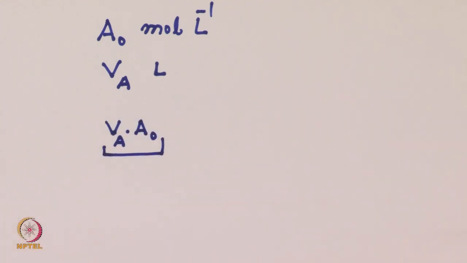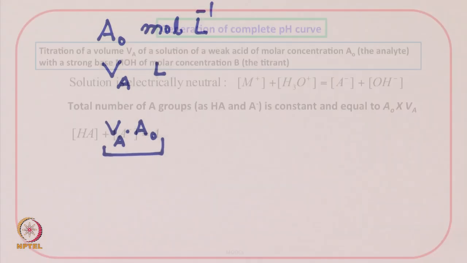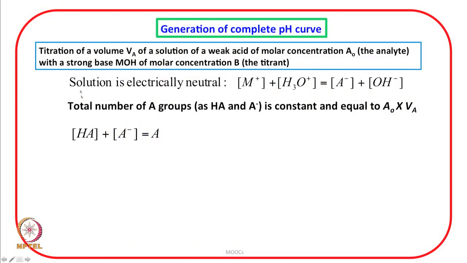That is the amount of A groups. And let us go to the slide. Total number of A groups is constant and is equal to A0 into whatever is the volume of the weak acid added. And this has to be constant, whatever HA plus A minus, this is equal to total number of A groups.